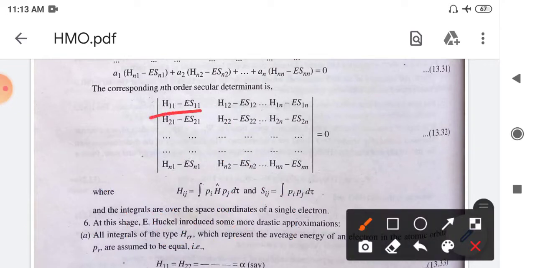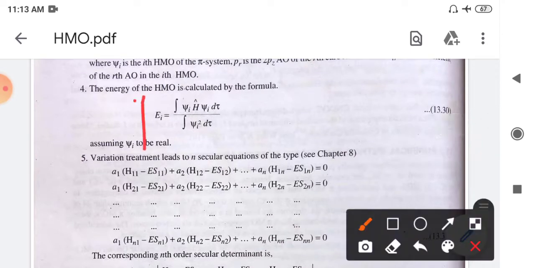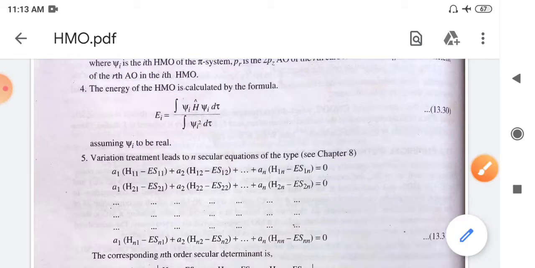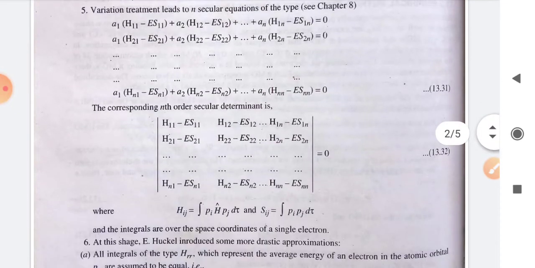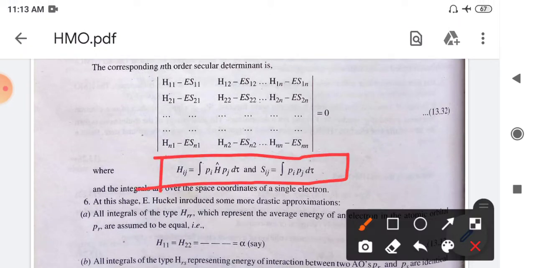These terms are obtained by solving the energy equations. The equations are quite lengthy, so we are not going into the detail of obtaining them. We have directly taken the solution of that equation and put it into the secular determinant. In general, hij is the integration of pi into h cap of pj into d tau, and sij is the integration of pi into pj into d tau.